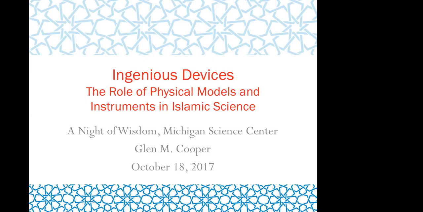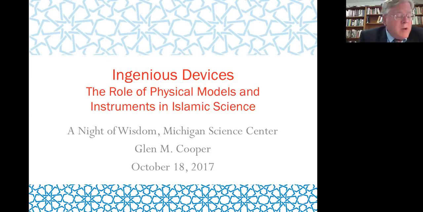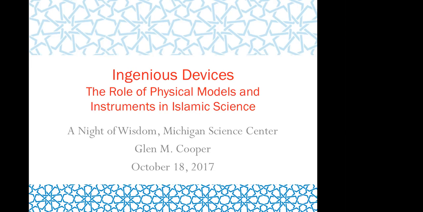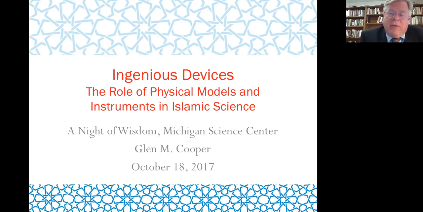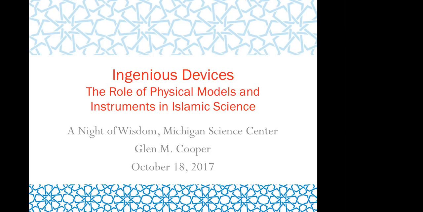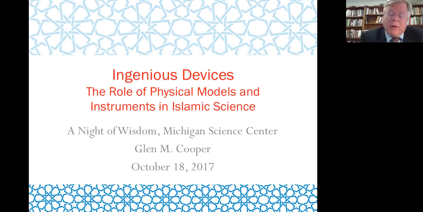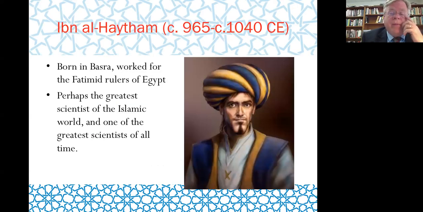I want to talk about Ibn al-Haytham's camera obscura. I want to talk about Kamal ad-Din al-Farisi's investigation of the rainbow. And I also want to talk about physical models in astronomy. So I'll begin with Ibn al-Haytham.